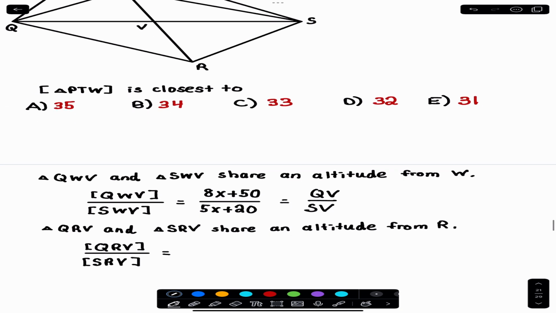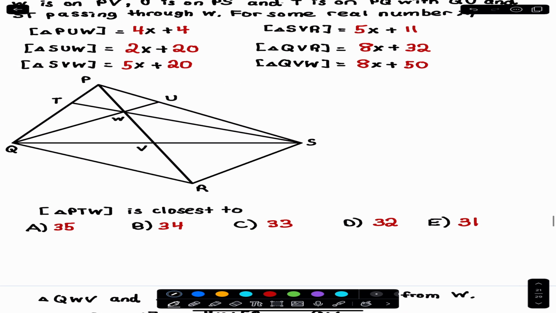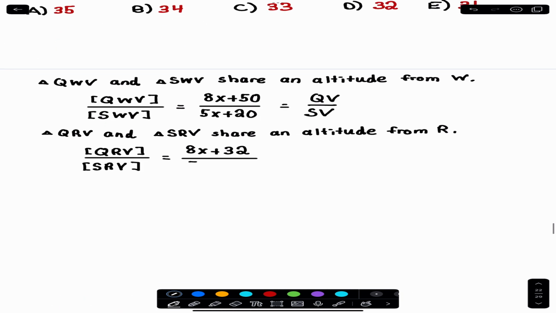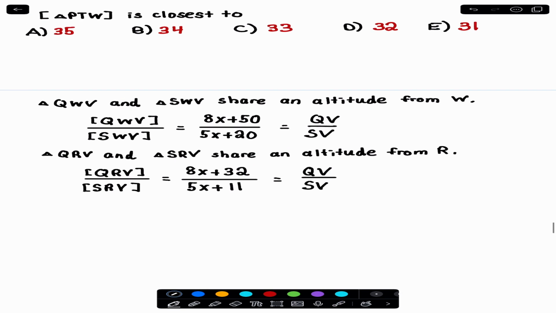QVR is 8x + 32. SRV, or SVR, is 5x + 11. This is equal to QV over SV. And since these two are equal, now we can set these two equal to each other and solve for x.